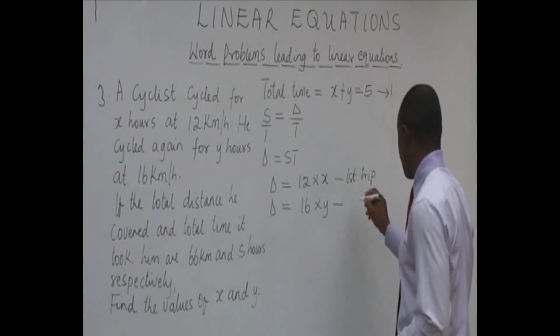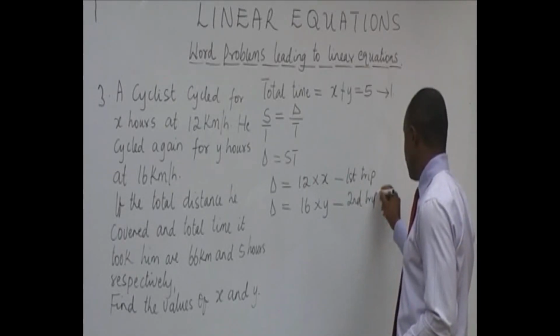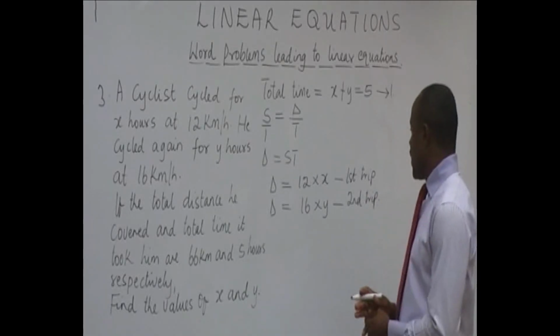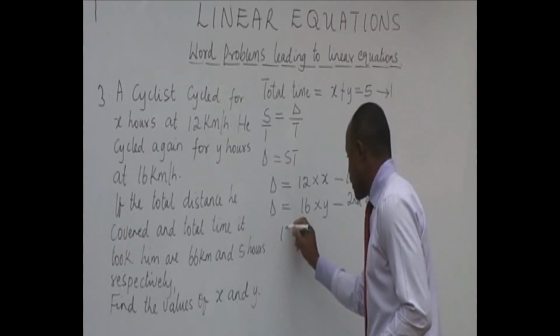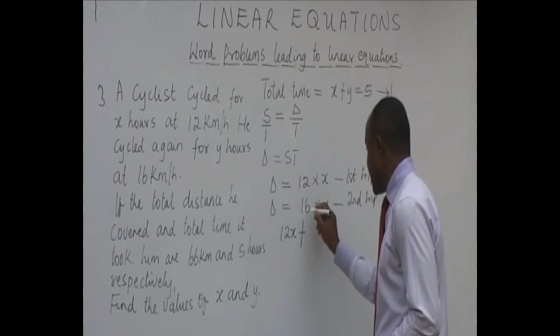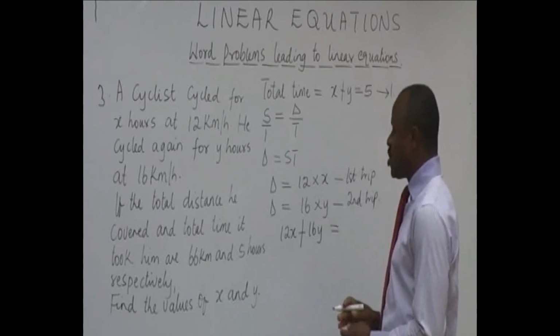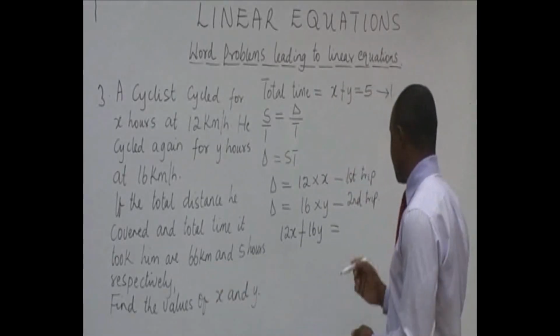This is second trip. Now, 12 times x will give you 12x. If you add it to 16 times y, which is 16y, it will be equivalent to the total distance, which they gave us to be 66.